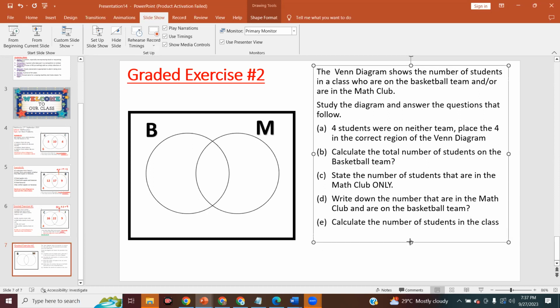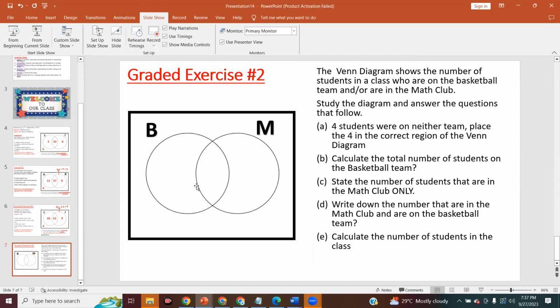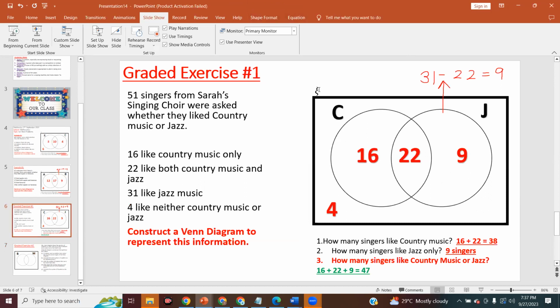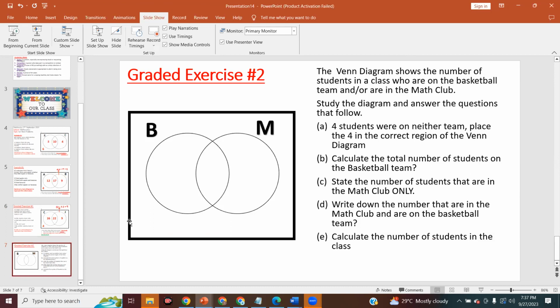All right, oh, by the way, let me put the numbers. You cannot forget the numbers. No, you don't have to find your own numbers.